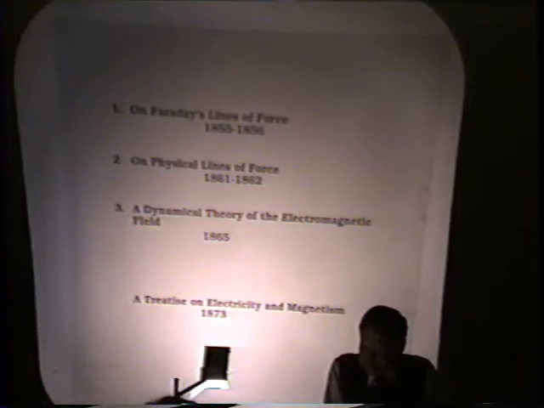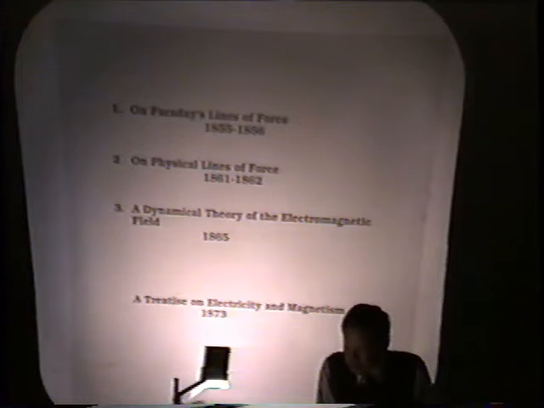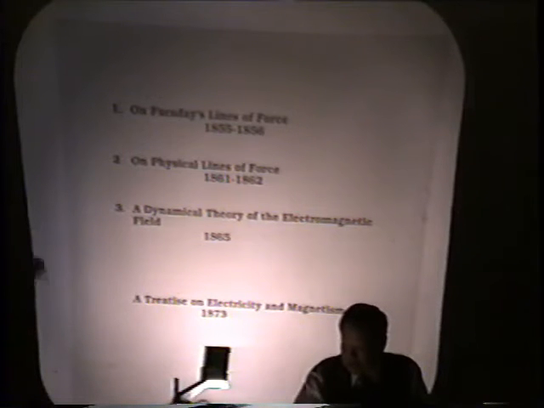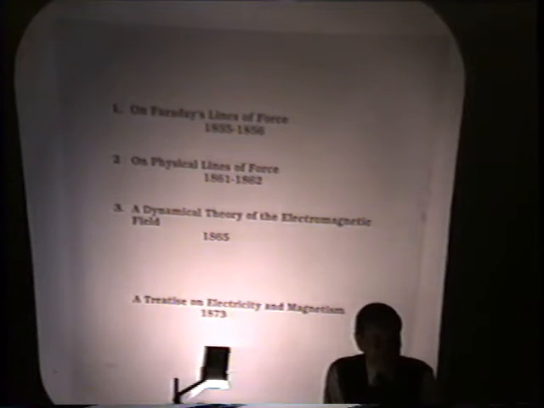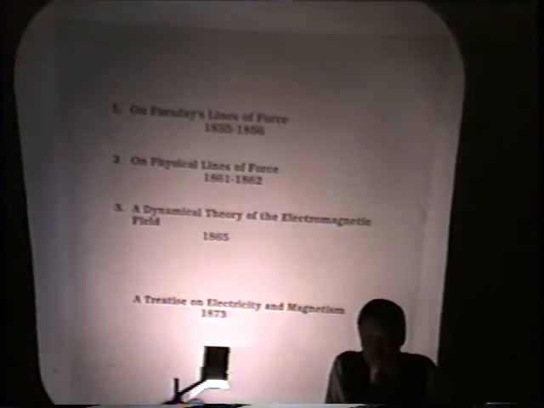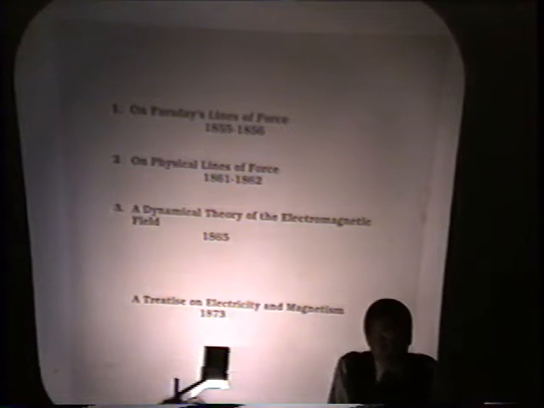Usually today, when people talk about Maxwell's equations, there's a tendency to refer to the 3rd paper and the treatise on electricity and magnetism. But actually, the most important concepts are all already in papers 1 and 2.